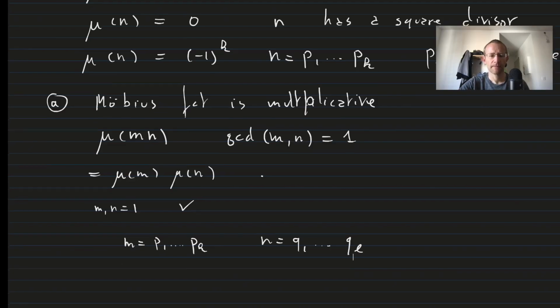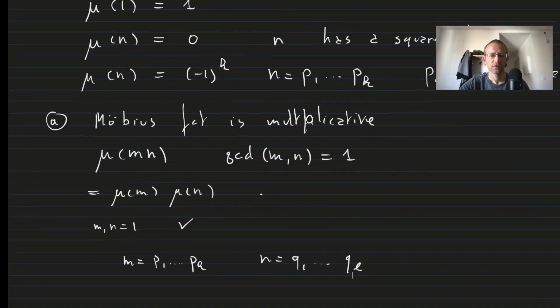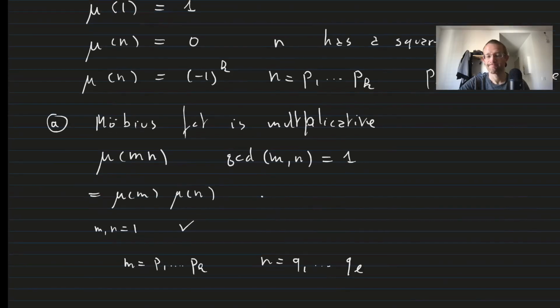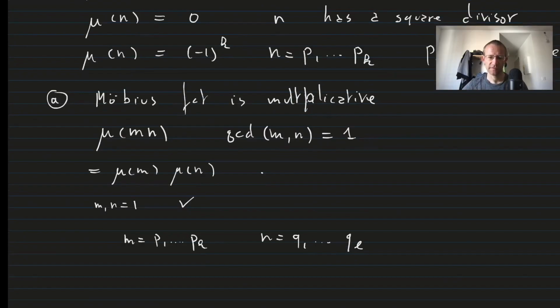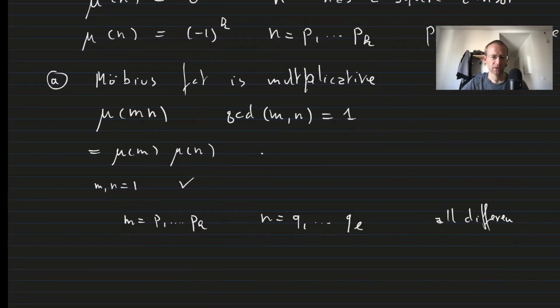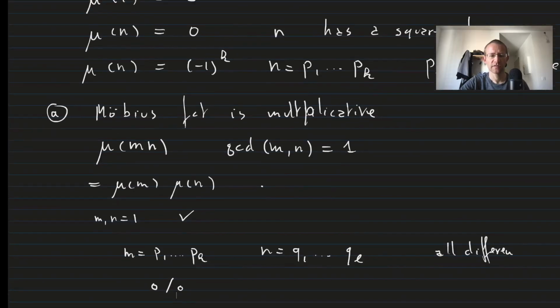Then, of course, since the greatest common divisor of m and n is 1, m times n does not have twice the same prime factor. So all of these factors are different by the assumption that the GCD of m and n is 1. And then they can be an odd number and an odd number, which gives an even number.